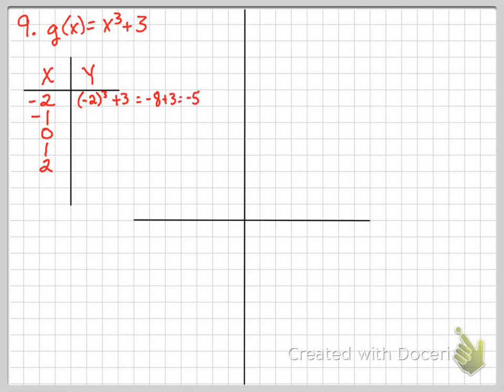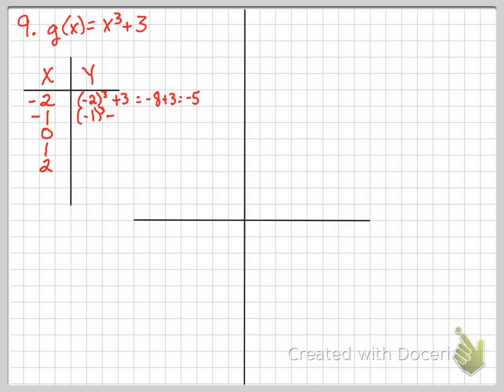When I insert -2 for x, that gives me -2 cubed plus 3. -2 cubed is -8, plus 3 gives me -5.